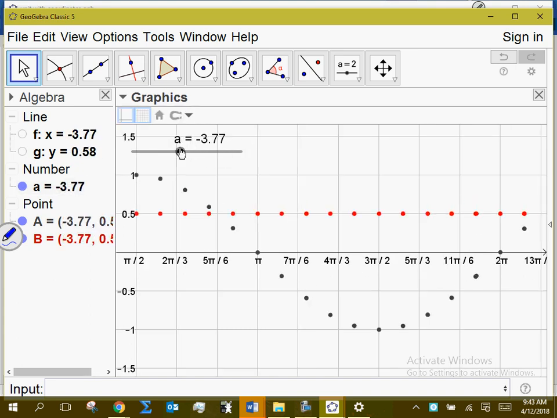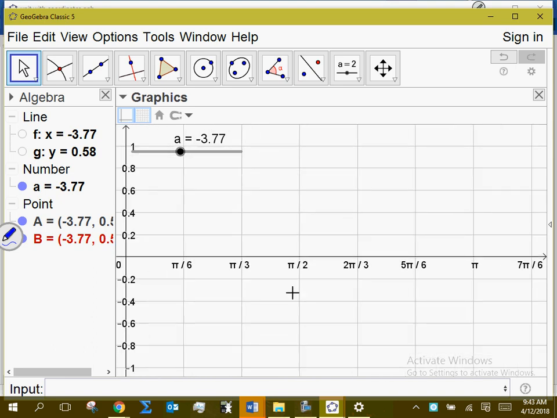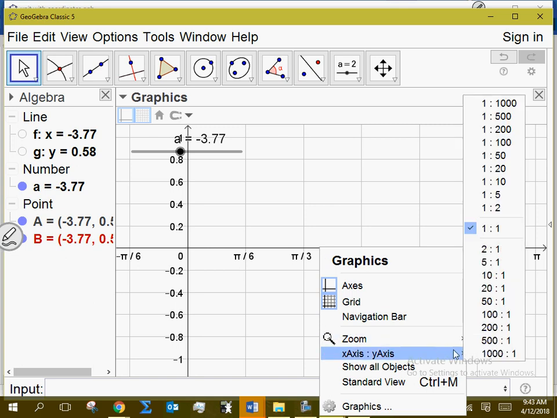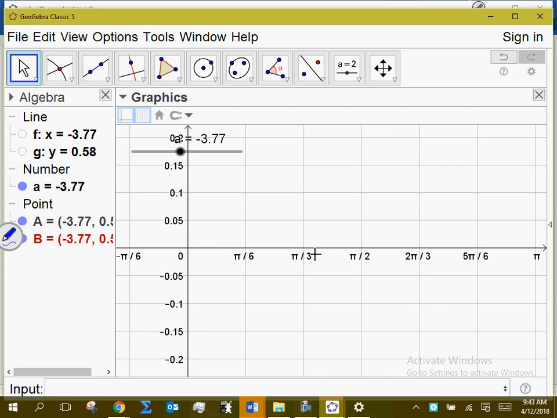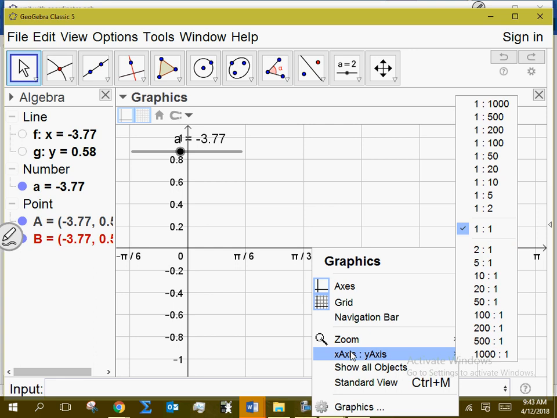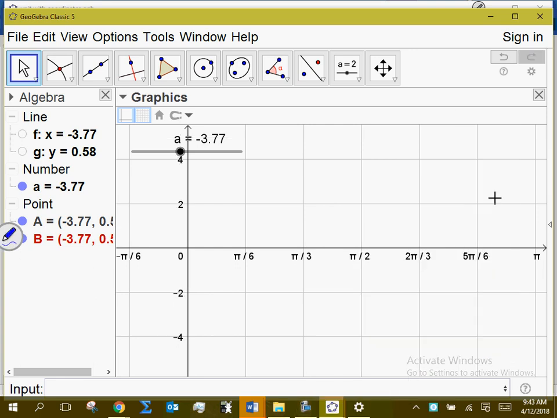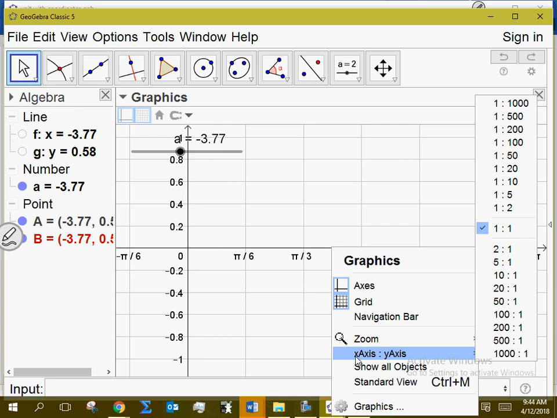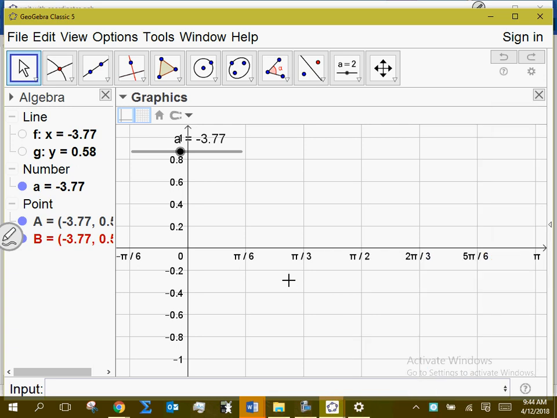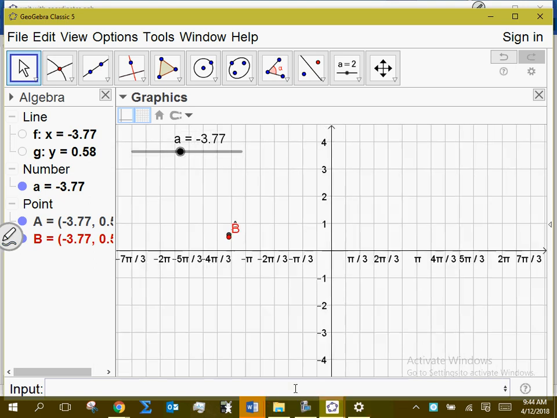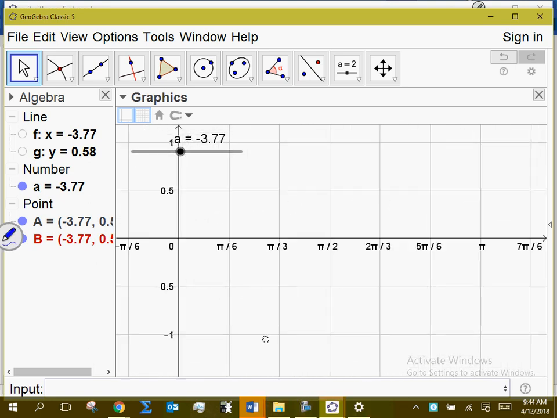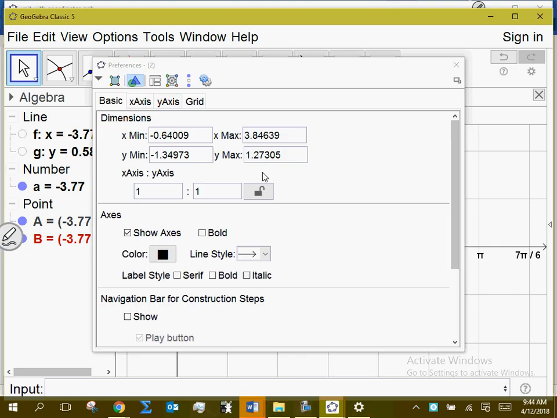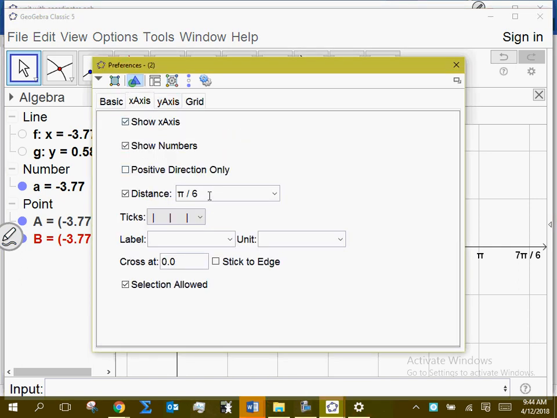So we're seeing... bear with me. Trying to get the x-axis to... let's do it this way.